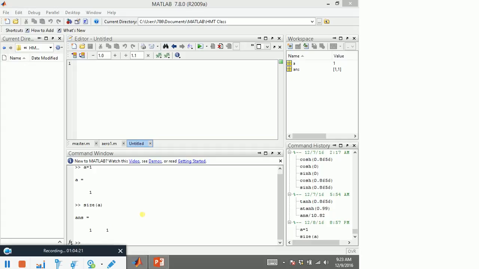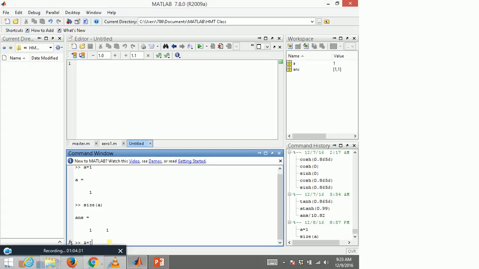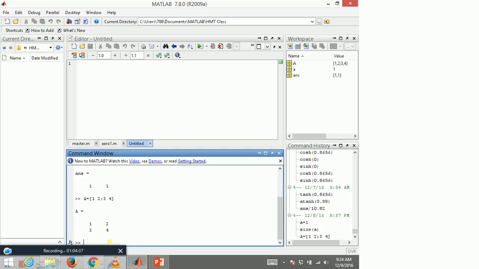Okay, heat transfer problem. So if you look at size of A, the size of the matrix is 1, 1. And for example, I just describe another matrix 1, 2, 3, 4. Just see how it looks like. 1, 2, and if I want to switch to the next row, what would I give? Is it a semicolon or colon?